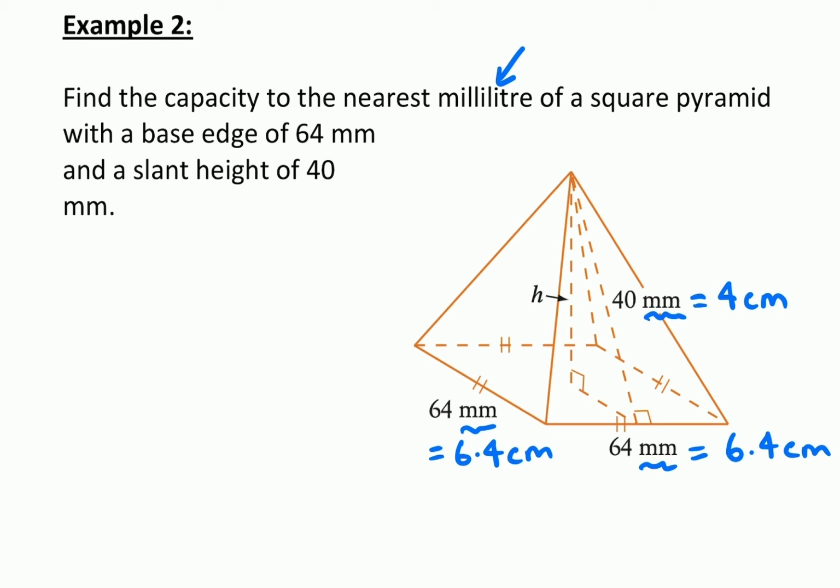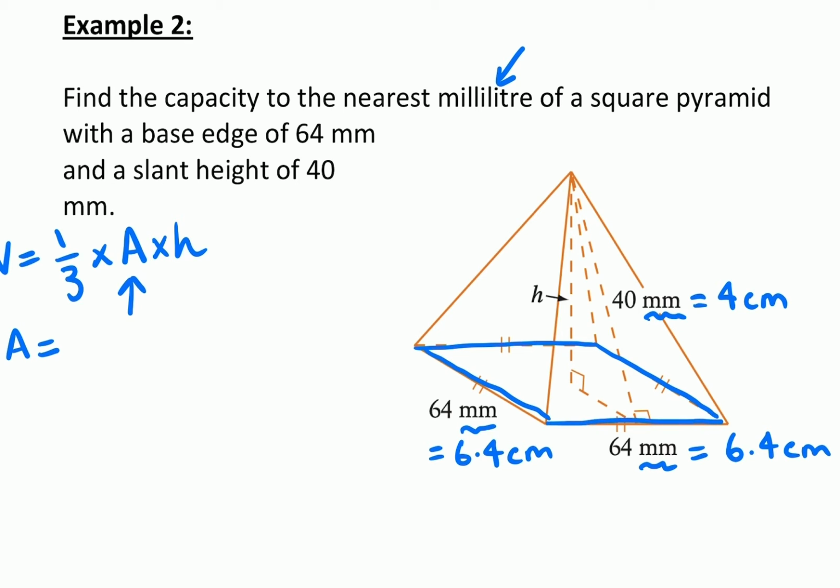So the formula for volume of a pyramid is V equals 1/3 times the area of the base times the height. And so we're going to need to find the area of our base first. Area of the base, well, our base is just going to be this square base here.